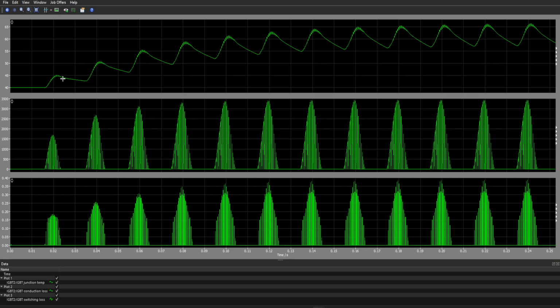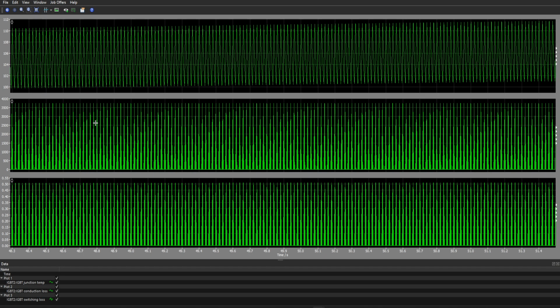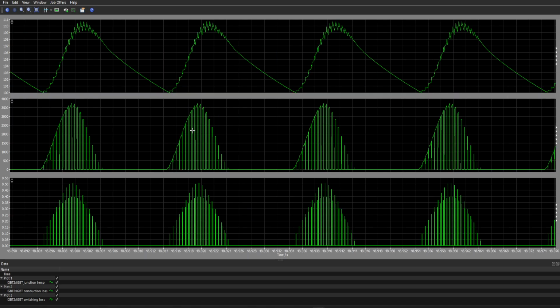Then with each current impulse or current flow on switching, the temperature increases and cools down for a certain period when it is not on, and then again increases. Repeatedly it continues. These are the periods you can clearly see.